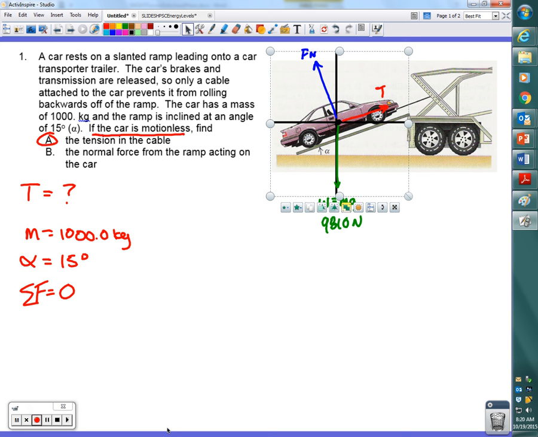We split up forces into components if they are not on the x-axis or the y-axis, because then they have a horizontal and a vertical. So in this case, we would split up normal force and tension, because neither one of them is on the x-axis.